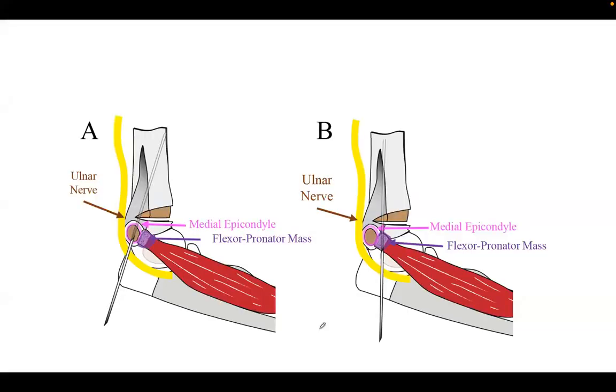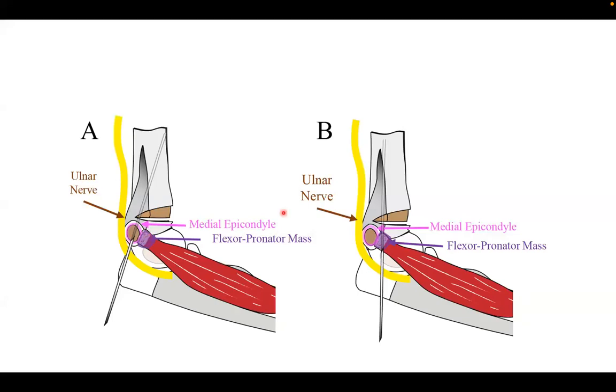Now, look at the yellow structure. This is the ulnar nerve. Look at the close relationship of the ulnar nerve with the medial epicondyle, and a very beautiful illustration showing you the flexors being attached to the medial epicondyle.